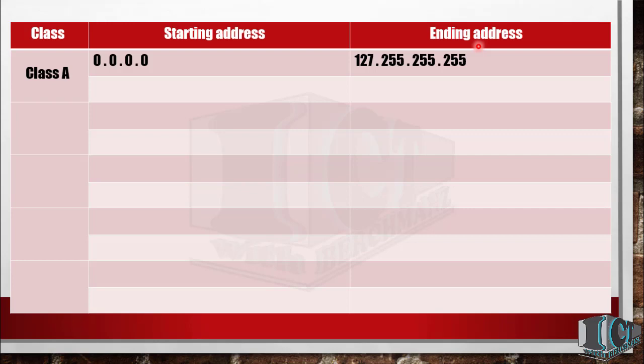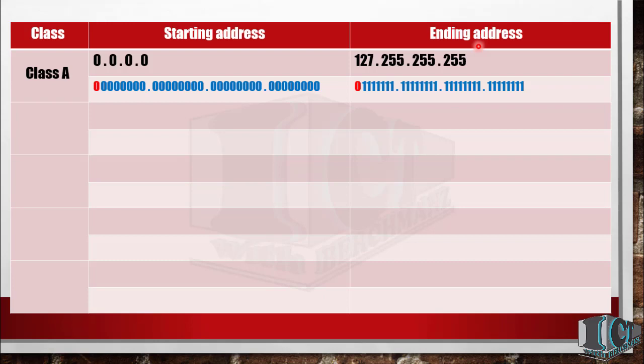If I want to represent the same figures in binary notation, for the starting address the binary notation would look like this, and for the ending address the binary notation would look like this. You can notice that I have made the first digit 0 in red to indicate that, in binary notation, that is a way of identifying the class, so I am using red to denote that.